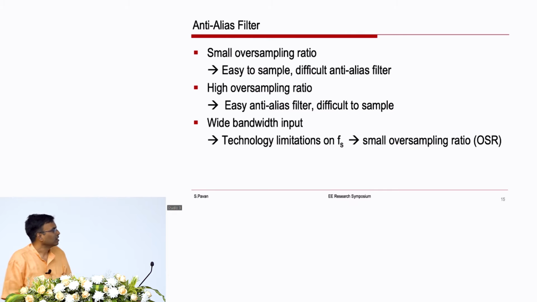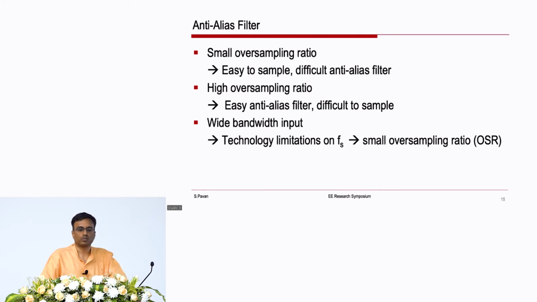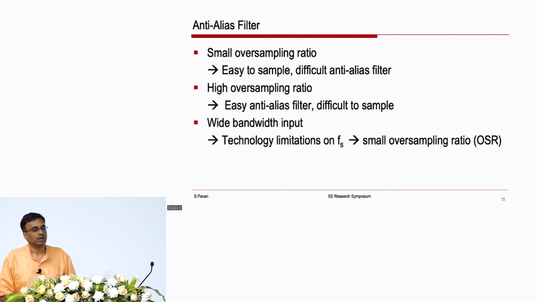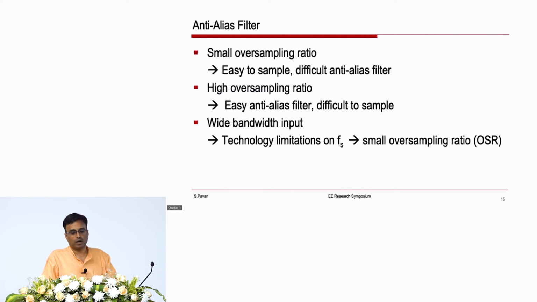So, to summarize, if you have a small oversampling ratio, that basically means that you are sampling at a rate which is close to what is recommended by Nyquist. Designing the sampler and the quantizer is easy because the time period of sampling is large. You have a lot of time between samples so that you can process. But the filter design becomes very difficult. On the other hand, if you oversample, which is to sample at a rate much higher than that recommended by Nyquist, then the filter design becomes easy, but sampling becomes difficult.